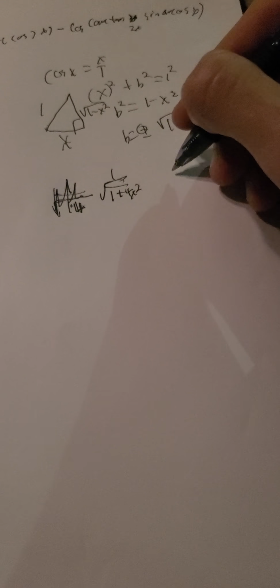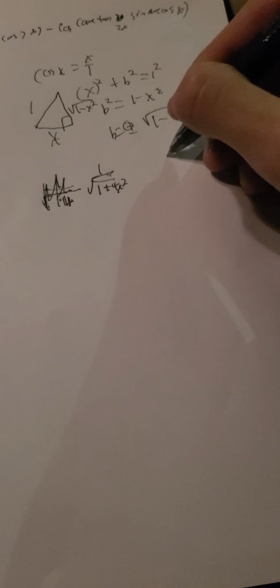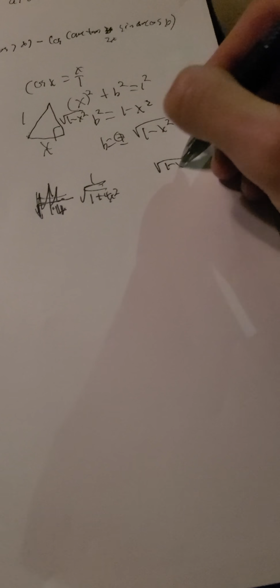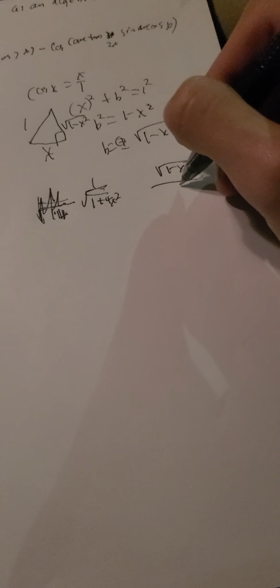And then the second one, arc cos, would be from the second triangle, and that would be the square root of 1 minus x squared over 1. So now we have the four values that we need for the whole problem.